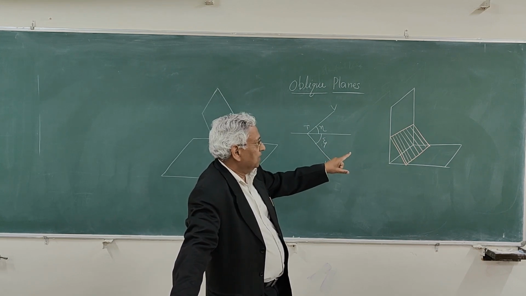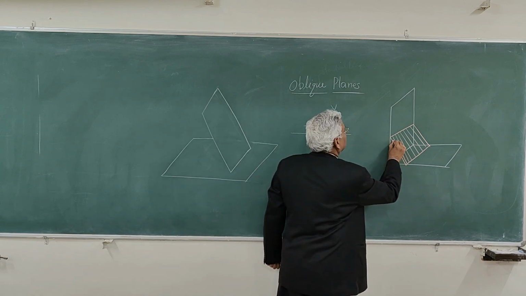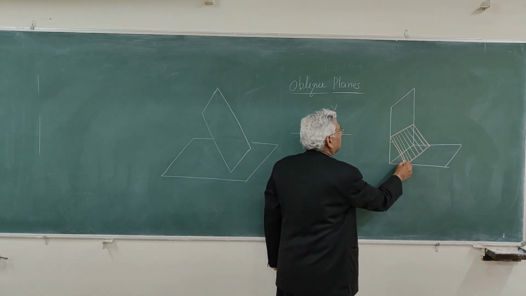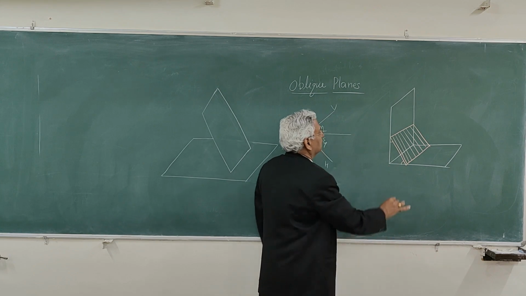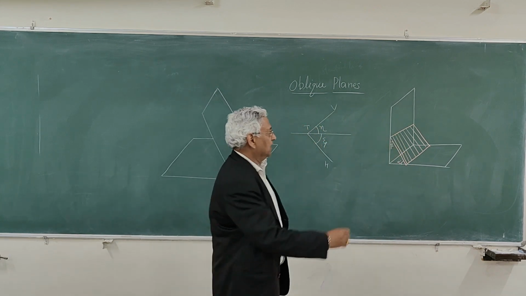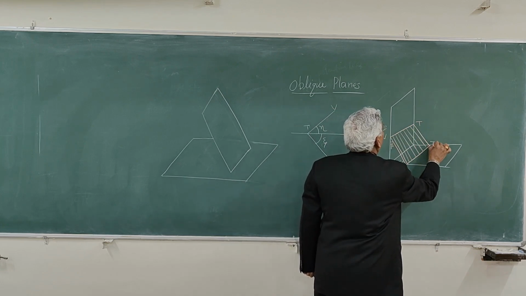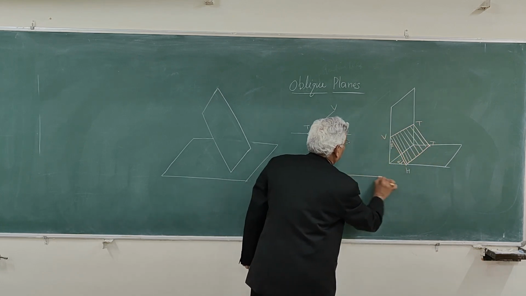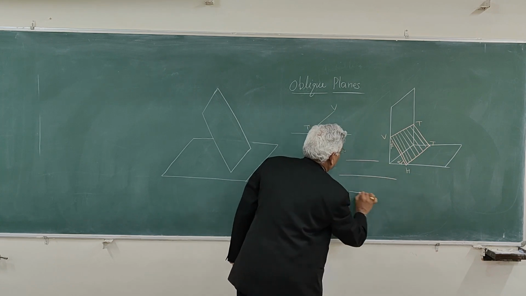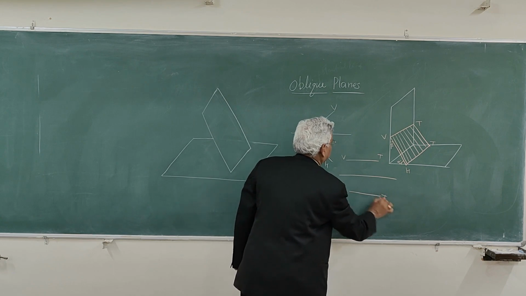Here alpha plus beta is 90 degrees. This is the angle with the vertical plane, this is the angle with the horizontal plane. So you can say this is alpha, this is beta. And vertical trace and horizontal trace both will be parallel to the ground line like this, VT and HT.